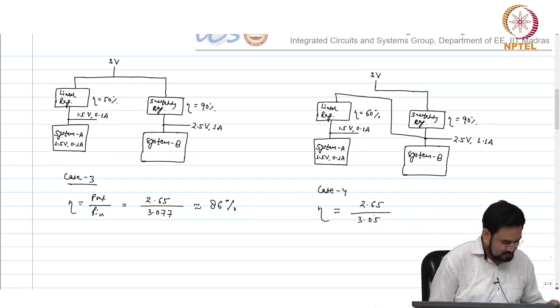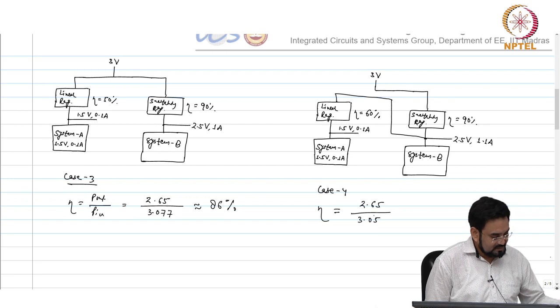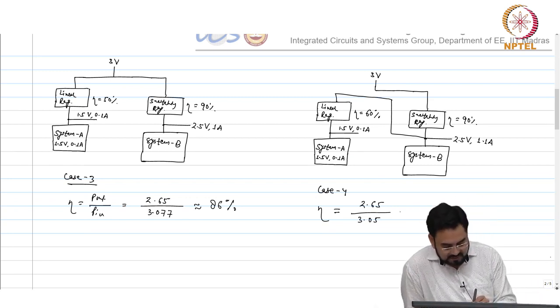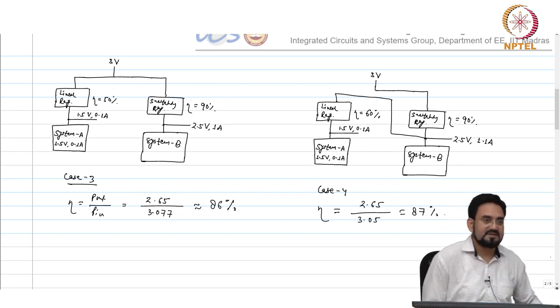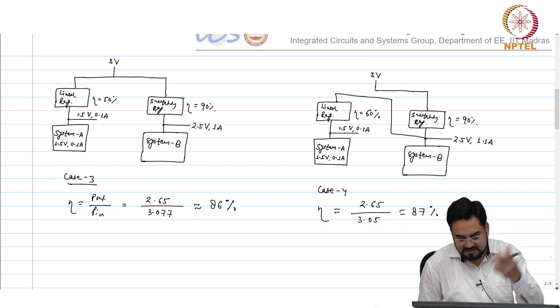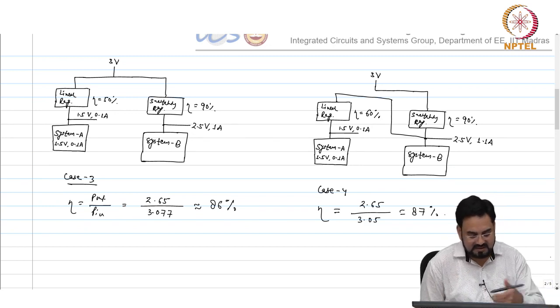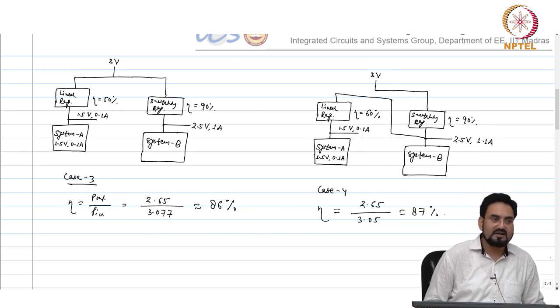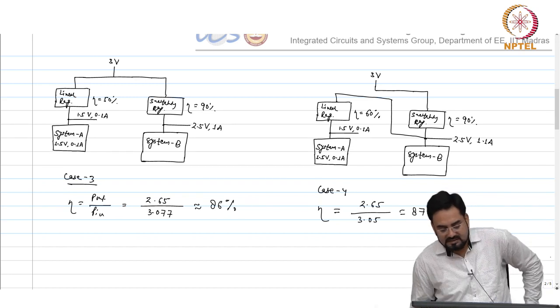So 2.65 divided by 3.05, you get pretty close to 87%. So, 1% you can gain by increasing the efficiency of your linear regulator by 10% there.